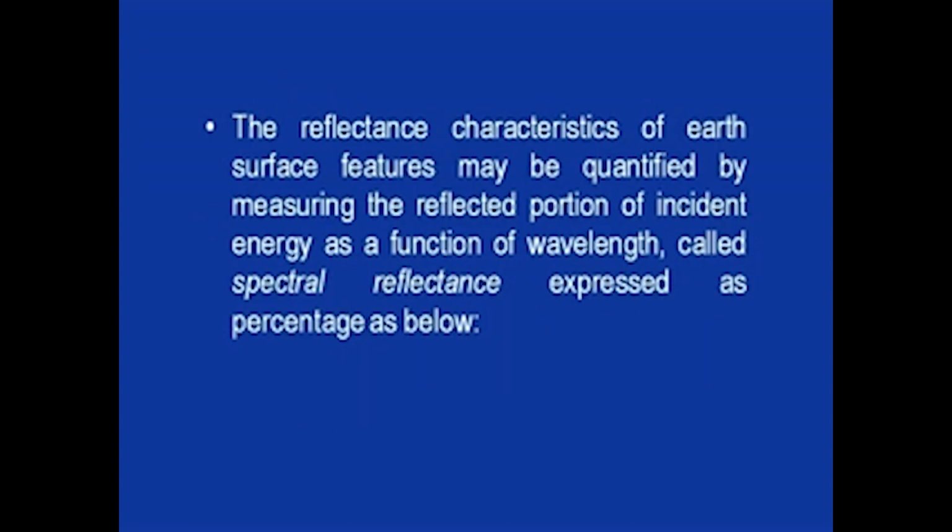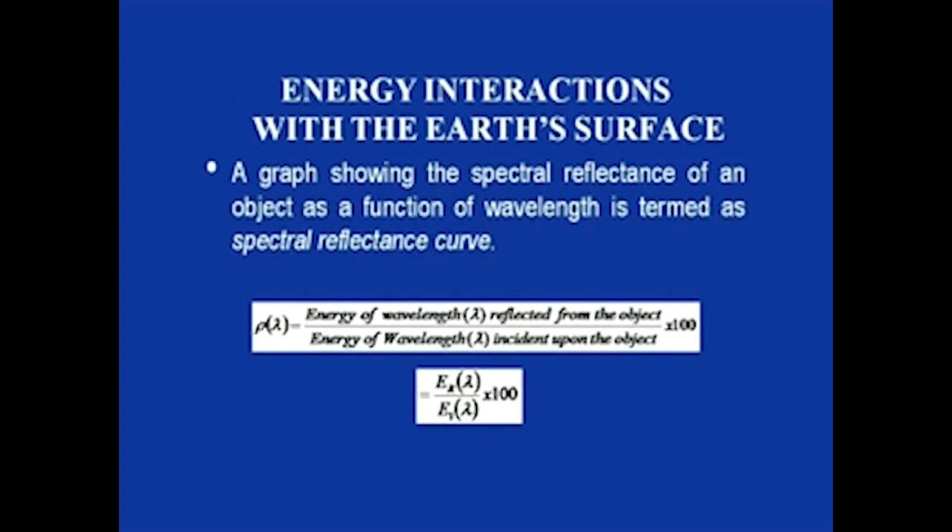The reflectance characteristics of earth surface features may be quantified by measuring the reflected portion of the incident energy as a function of wavelength, called spectral reflectance, expressed as a percentage as given below. That is, ρ(λ) is the ratio of the energy of wavelength λ reflected from the object to the energy of wavelength λ incident upon the object, taking the percentage of the same.